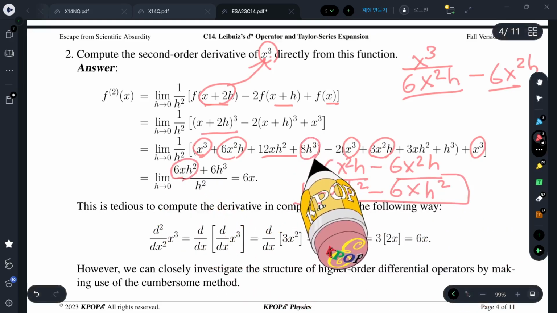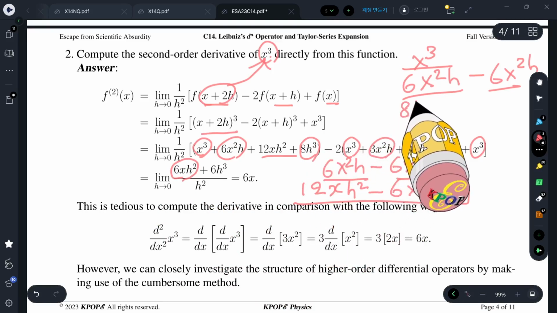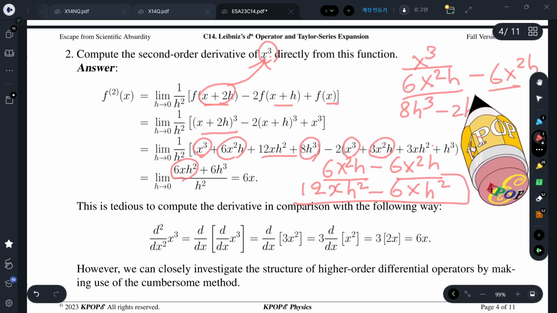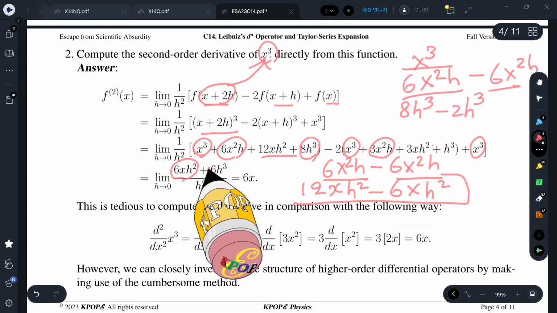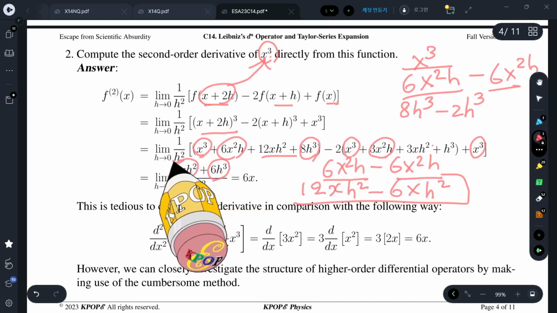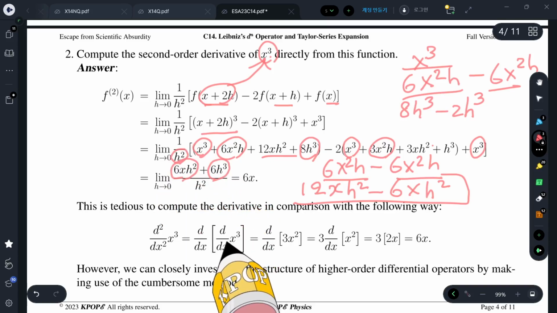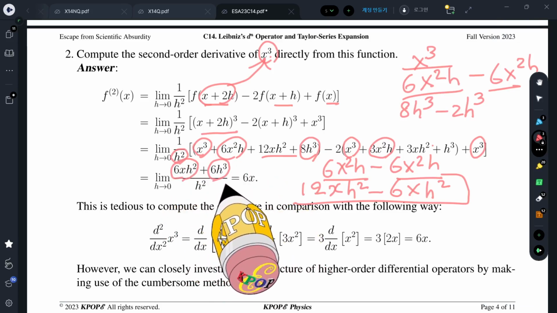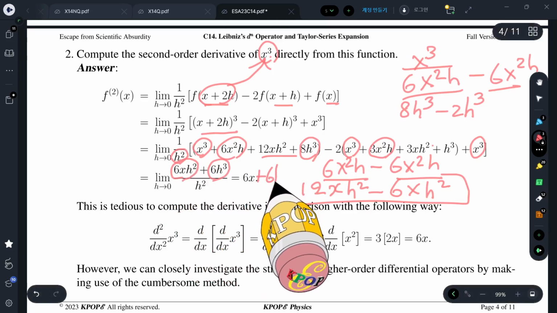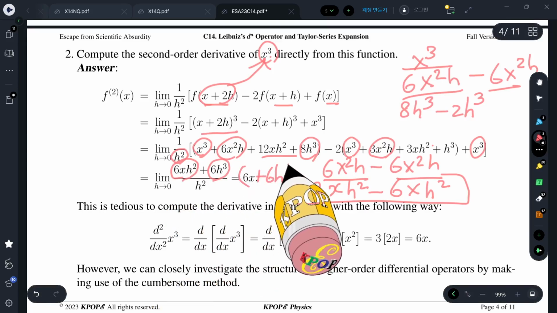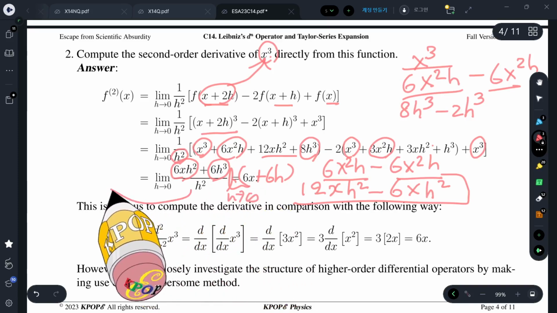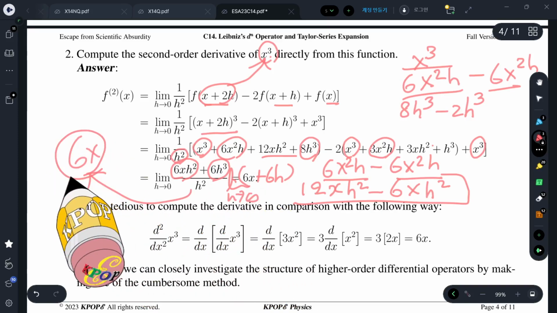And then the last term, that is 8h cubed subtracted by 2h cubed, so 6h cubed divided by h squared. Finally, we obtain 6x plus 6h, and in the limit h goes to 0, it becomes 6x. Okay, it's a tedious way.